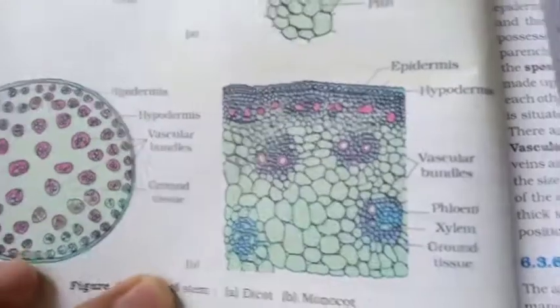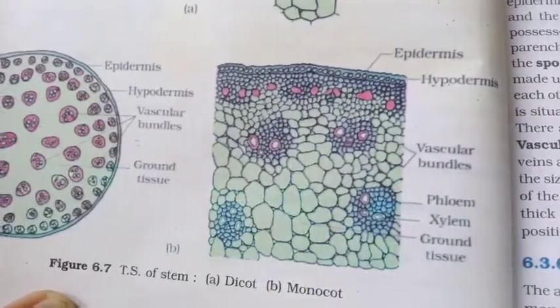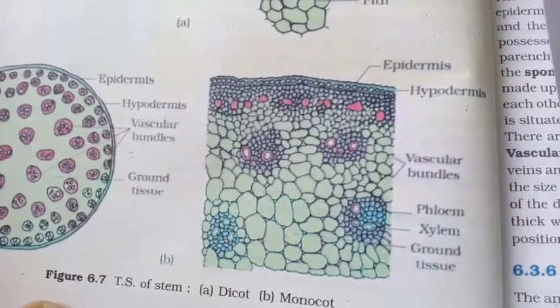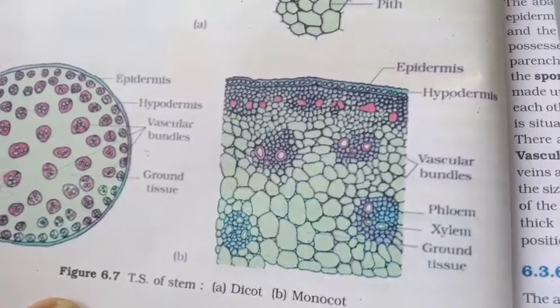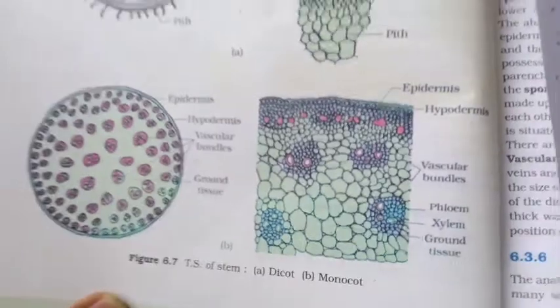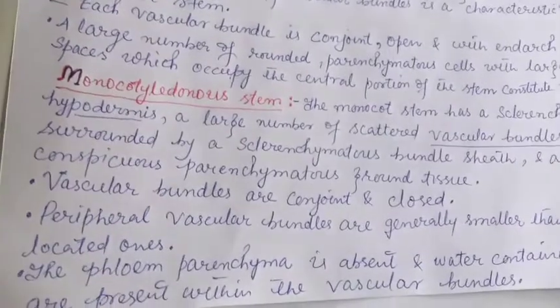This is a part of the transverse section when viewed under high power of the microscope. Epidermis, hypodermis, followed by the ground tissue with vascular bundles scattered all over this transverse section of the monocot stem. The vascular bundles are conjoint and closed.